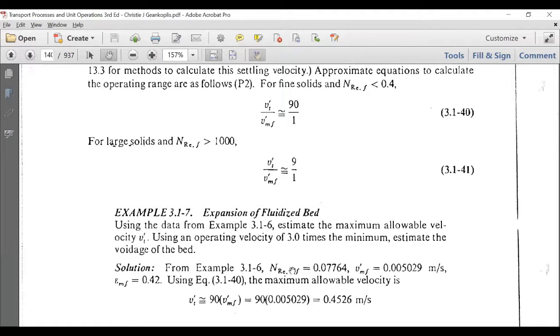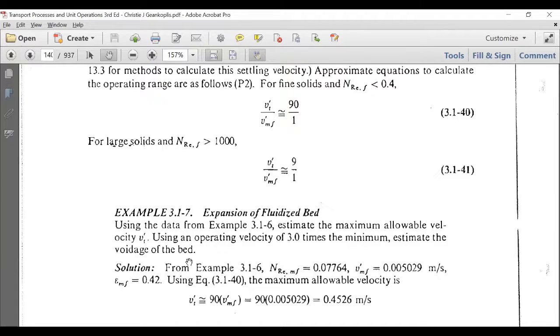By using the data from example 3.16, we are asked to estimate the maximum allowable velocity VT, and using an operating velocity of 3 times the minimum, estimate the voidage of the bed. Berarti yang ditanyakan adalah maximum allowable velocity, jadi VT, terminal velocity-nya.